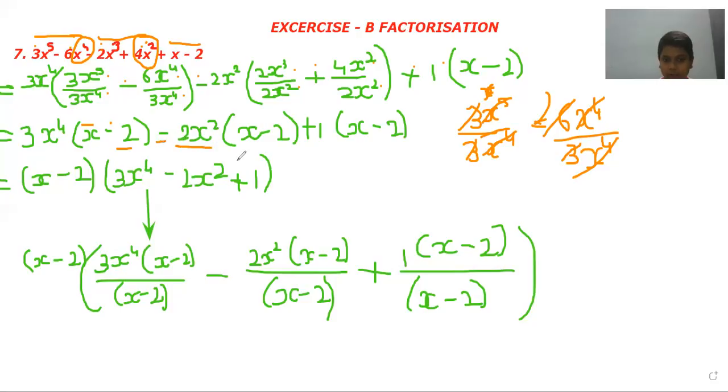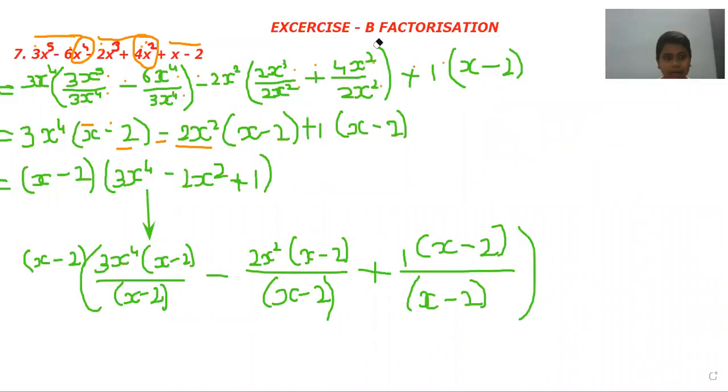Minus 2x squared. Here what is written is 2x cube divided by 2x square plus 4x square divided by 2x square.